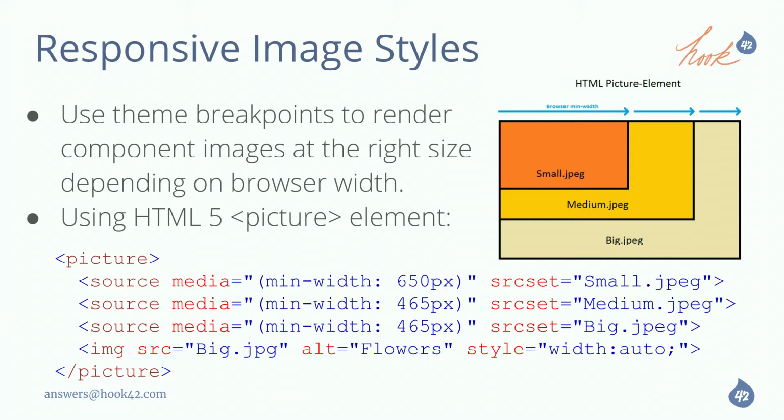So you say you have 3 JPEGs called small, medium, and big. Then at various widths, this is a typo, you could have it return these different images. And that helped us a little bit just to keep the page loads fast and also just for general sanity of the theme layer.